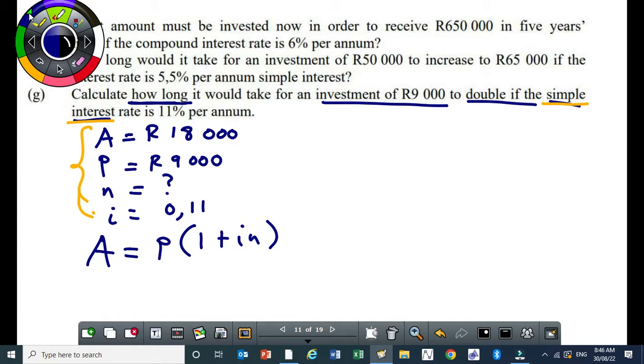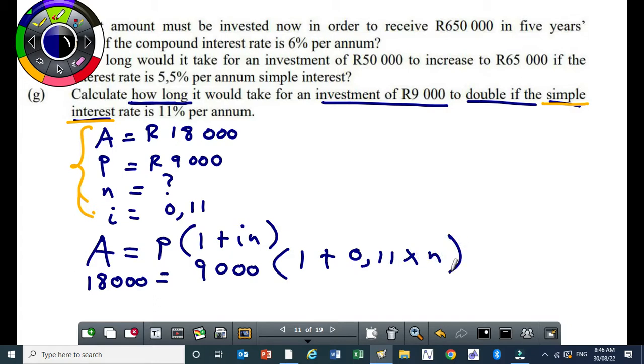So, you substitute here 18,000. And then P is 9,000. 1 plus I, that's 0.11, times N, which in this case, we don't know what N is. We want to calculate N.